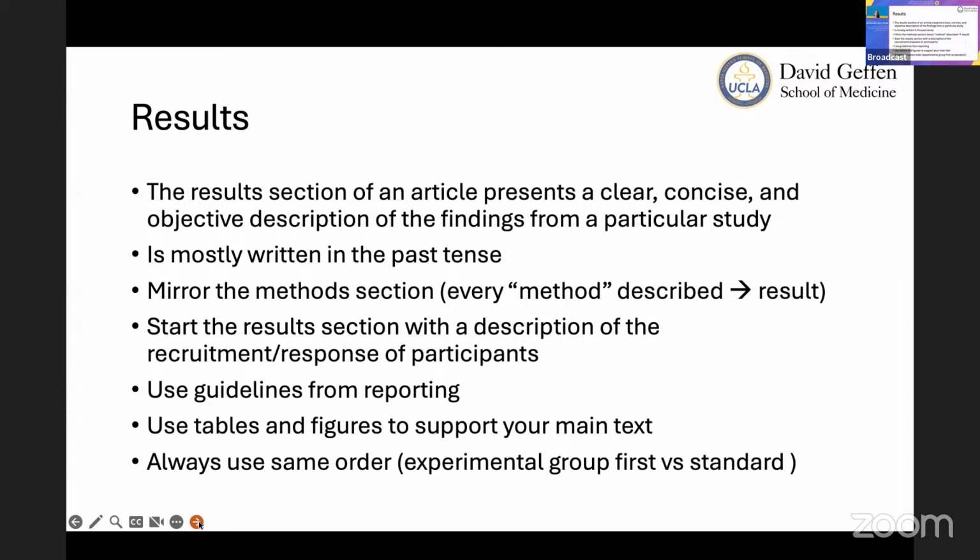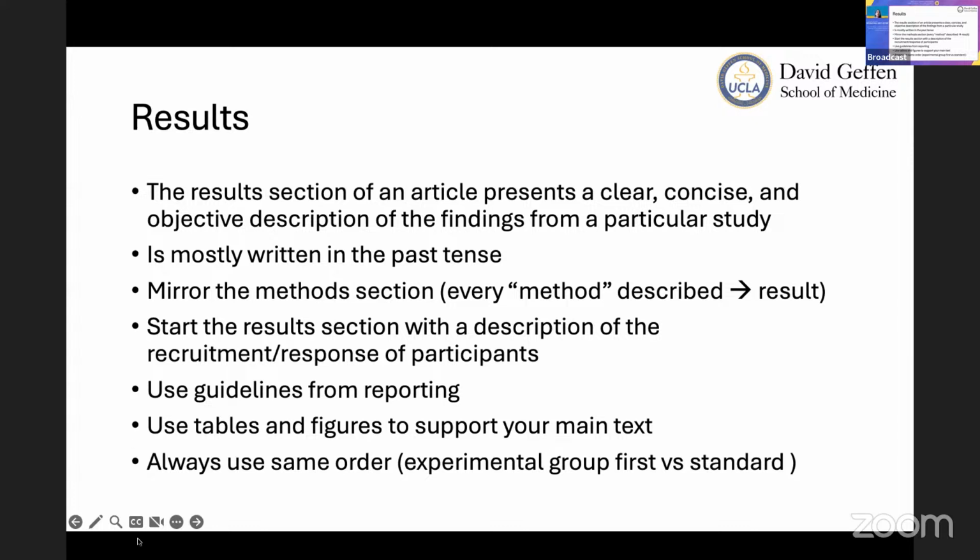So always use guidelines from the reporting system that I gave you. And it's always, always important to use tables and figures to support your main text. We will have separate information about the different tables and figures and how to put them. I'll go over that as a separate thing from this one.